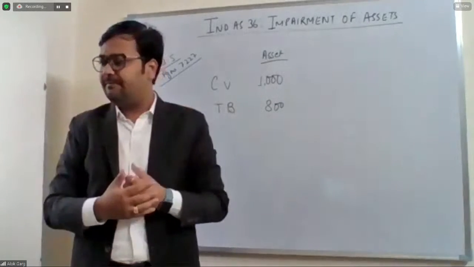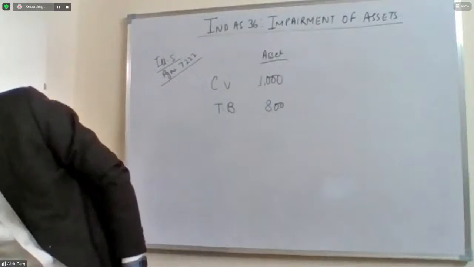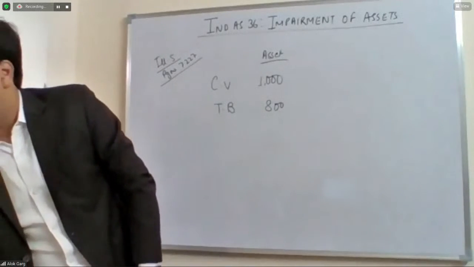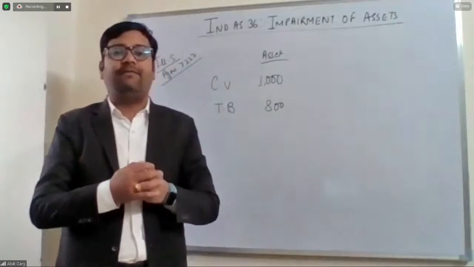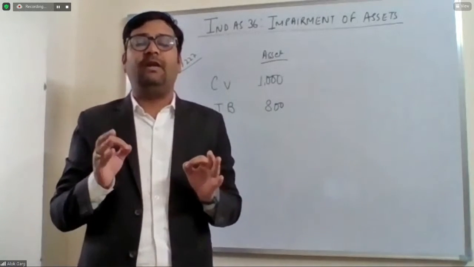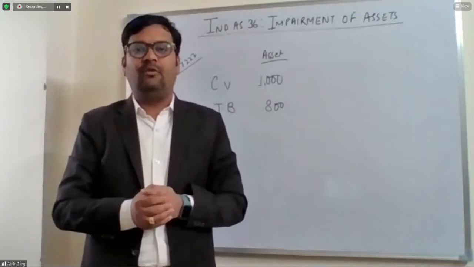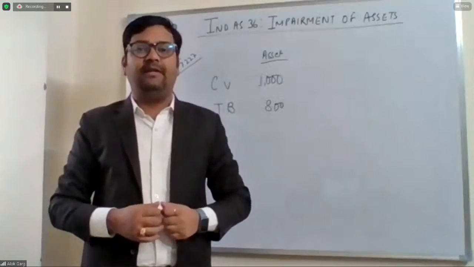There is a lot of confusion whether it will be deferred tax asset or deferred tax liability. So there is a quick trick to determine it. Let me tell you the trick.